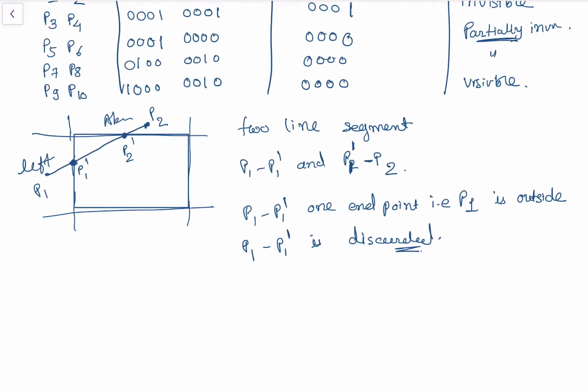Again the line segment is divided into two line segments, that is P1 dash to P2 dash and P2 dash to P2. We know that for P2 dash to P2, one end point, that is P2, is completely outside the window, and thus the line segment P2 dash to P2 is discarded.